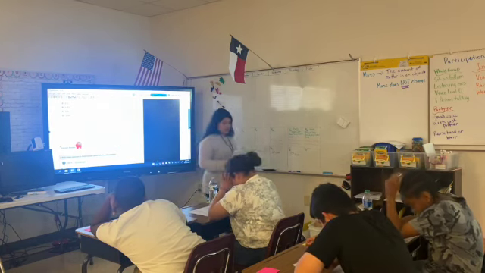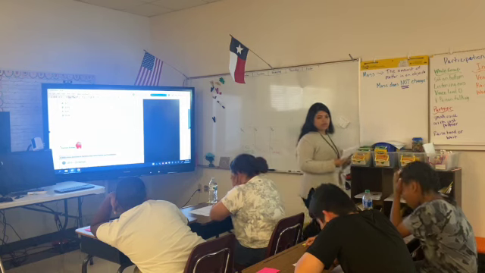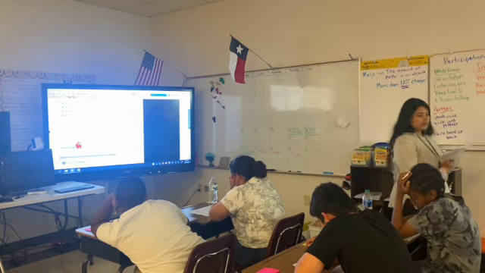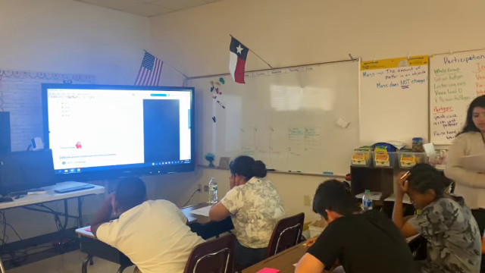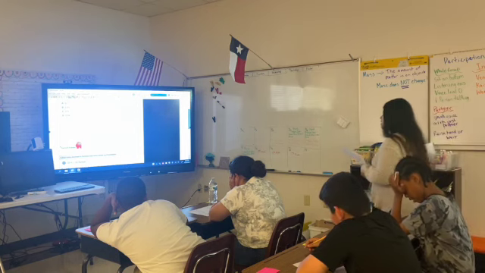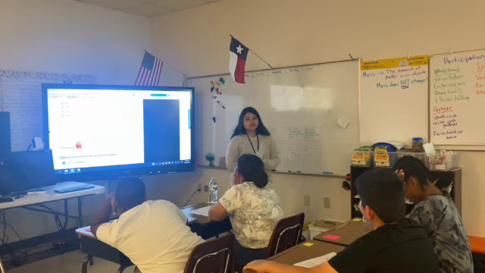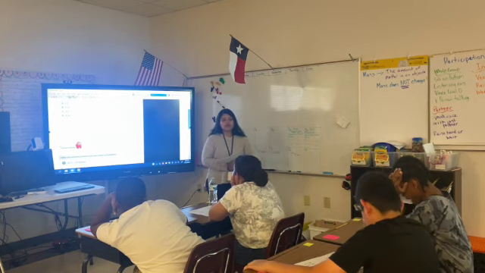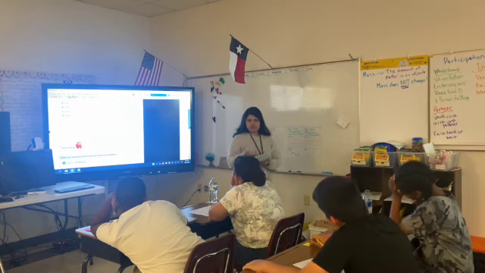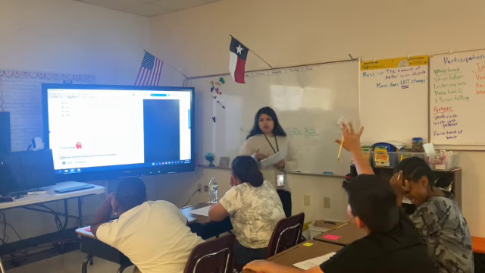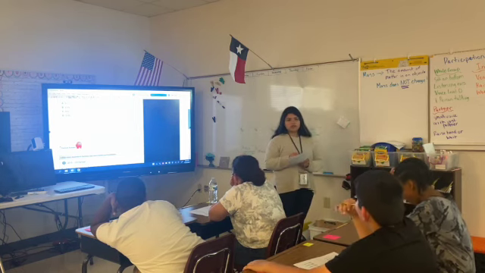Take a look at your answer choices on number 2. What do you see on your answer choices? What form are they in? Decimal form, right? So what can we do to help us read these decimal forms? What can we change them to, or what can we convert them to? Fractions.